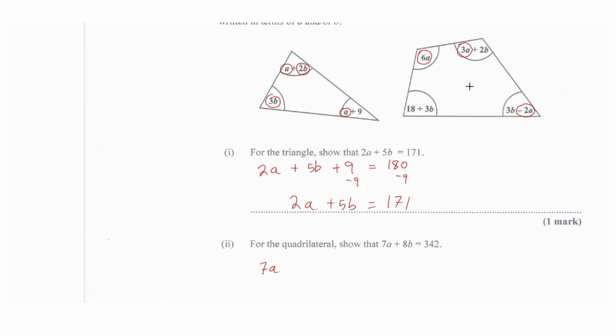And then we collect the like terms in B. So that's 2B plus 3B, that's 5B, plus 3B, that's 8B, plus 18 should equal 360 degrees.